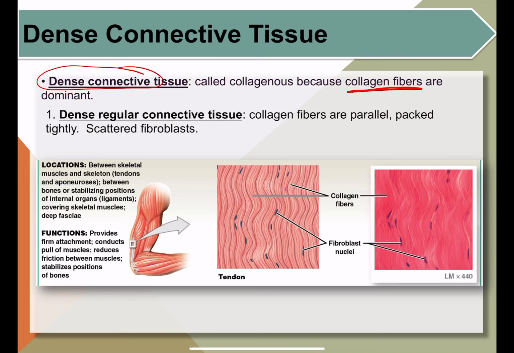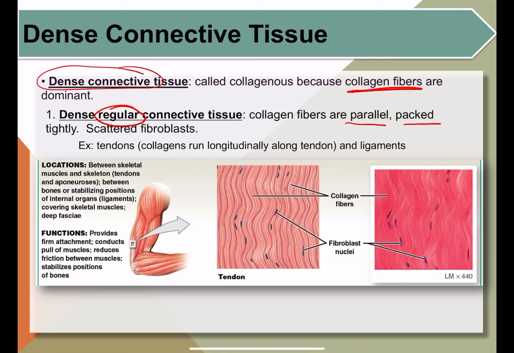So the first specific kind of dense connective tissue is called the dense regular. The keyword there is regular. The keywords are dense and regular because the collagen fibers will always appear parallel and packed tightly.